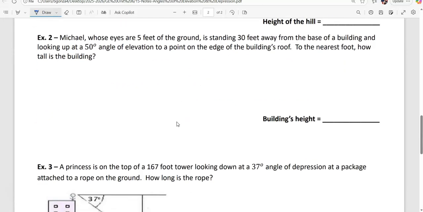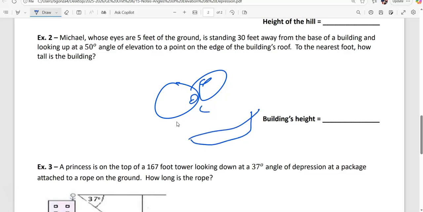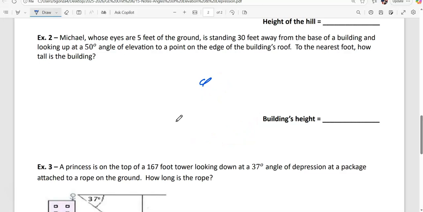There's no picture here. That's crazy. That's my crazy face. All right, so example 2, we need to draw a picture. We need to draw Michael, my guy. Draw Michael.